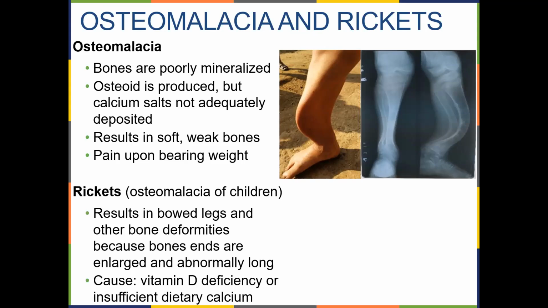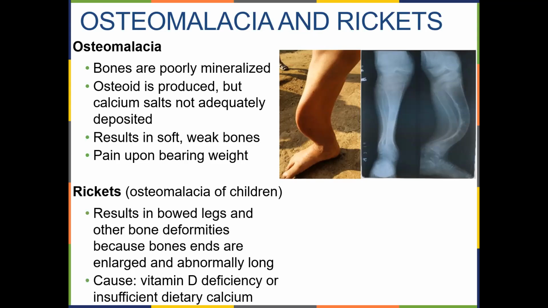Rickets is what we're seeing here in the image on the right on the x-ray. Primary characteristic of this is bow-legged. The legs bow outward because they can't support the weight of the torso. See how the leg is bowing out here? The epiphyses on the long bones enlarge, but the shaft doesn't. They can't support the weight.